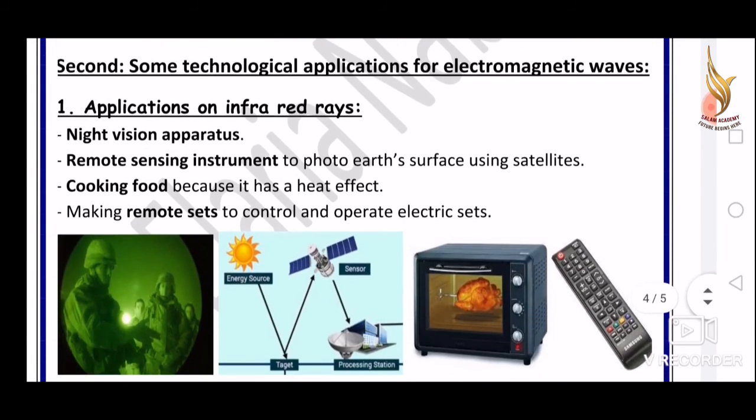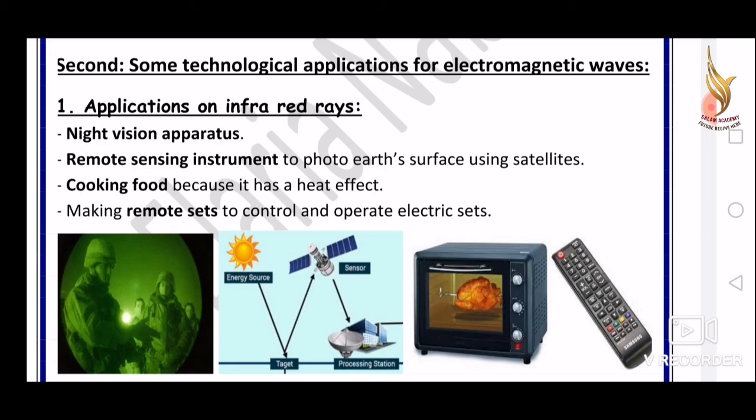Second, some technological applications for electromagnetic waves. First, infrared rays are used in night vision apparatus, in remote sensing instruments, in cooking food, and in remote controls that operate electric sets like TV.